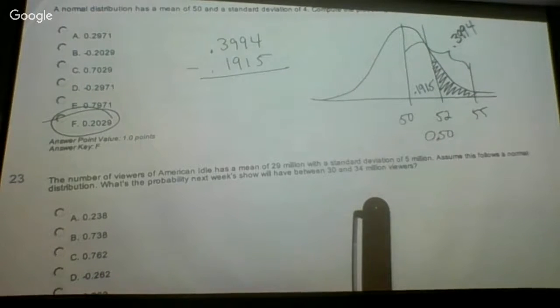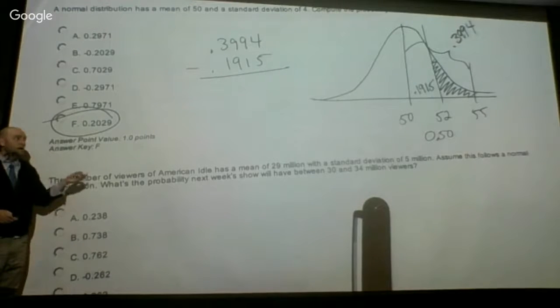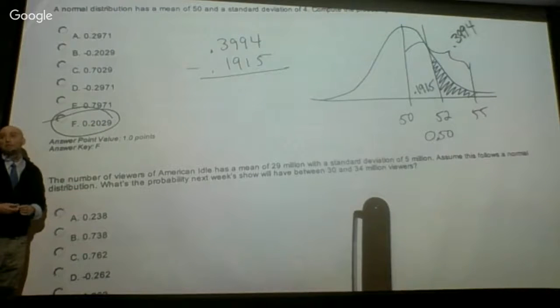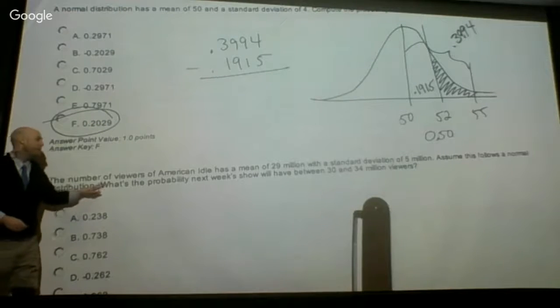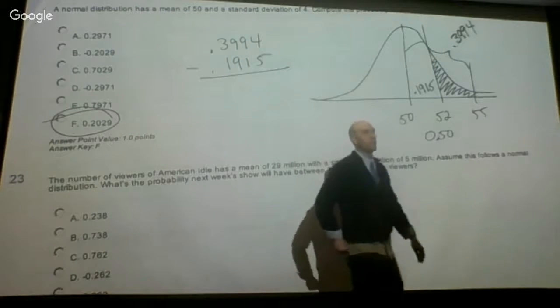A lot of these problems follow very, very similar patterns. This next question about American Idol viewers says that it has a mean of 29 million and a standard deviation of 5 million. Assume that it follows a normal distribution. It wants to know the probability that next week's show will have between 30 and 34 million viewers.